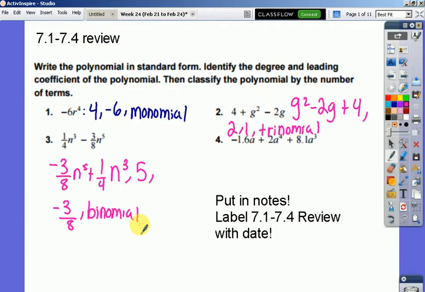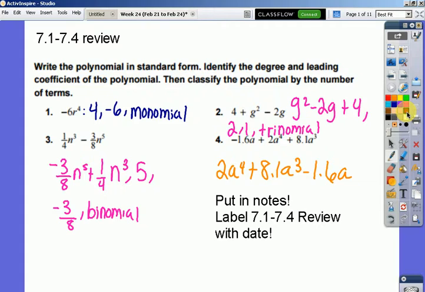Okay, last one. What would this be? 2a to the 4th plus 8.1 a cubed minus 1.6 a. Alright. What degree are we missing here? Yeah, a squared. Again, those are important in the future.